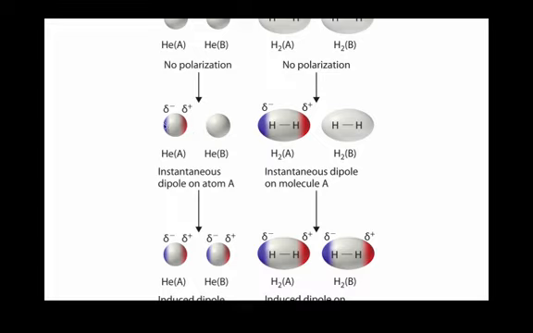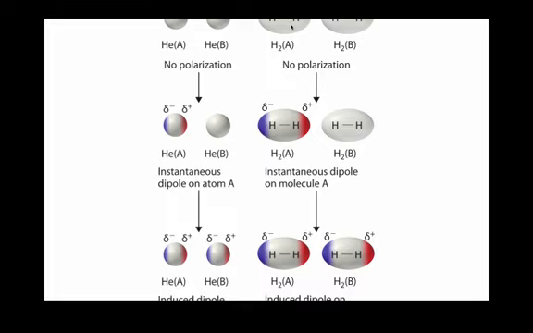What will happen is this will cause an effect on the neighboring atom. Now this positive charge will attract the negative charges on the neighboring atom, and we'll have an induced dipole. So we have an instantaneous dipole just because the electrons are always in motion. At a snapshot in time it can happen. And then we have an induced dipole on the neighboring atom. This example is with a single atom, helium, but the same thing can happen for a molecule.